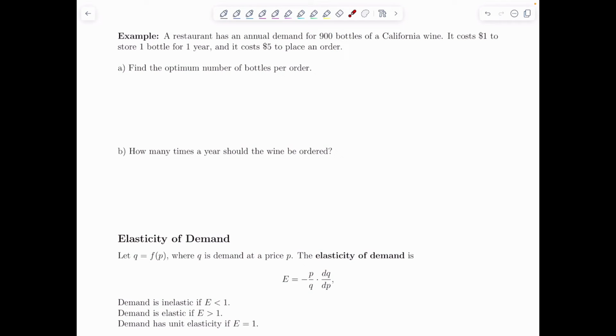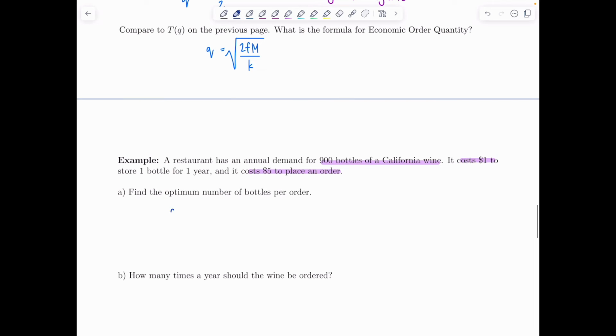So a restaurant has an annual demand for 900 bottles of California wine. It costs $1 to store 1 bottle for 1 year, and it costs $5 to place an order. Okay. Part A says, find the optimum number of bottles per order. So we're going to find Q. So up top, remember Q is the square root of 2FM divided by K. Well, they gave me all the info I need. 900 is going to be capital M. And then K is just $1.